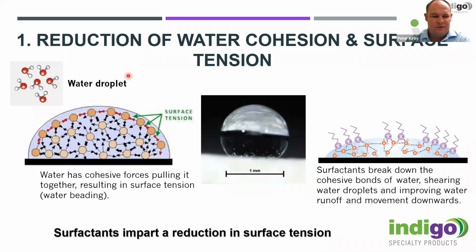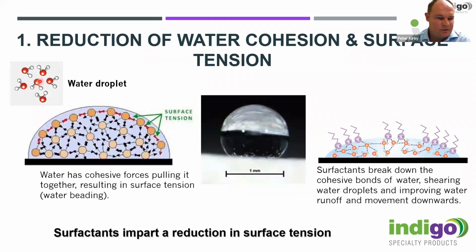Okay, so the first means of surfactant mode of action is its reduction in water cohesion and surface tension. Water is called H2O for a reason, obviously. It's got two hydrogen atoms and an oxygen atom, which are bonded together.